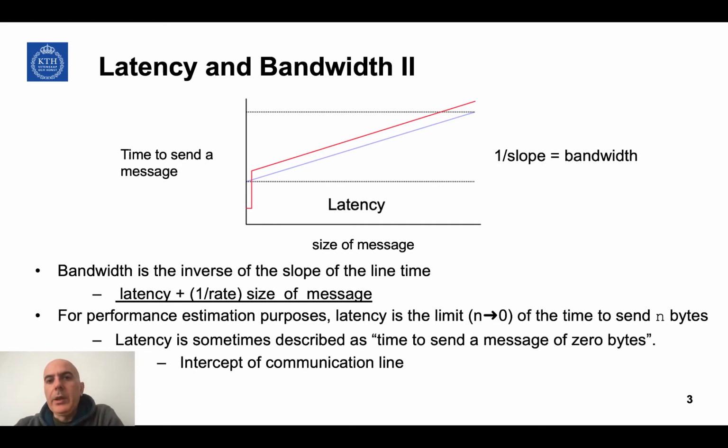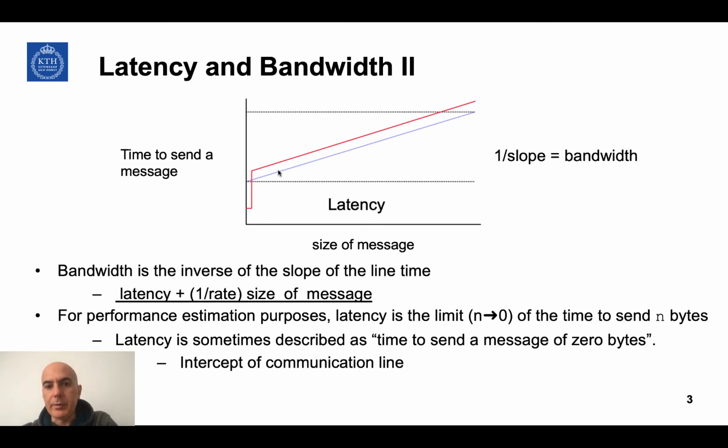In our test to calculate the bandwidth and the latency, what we need to do is to measure the communication time for sending one message. We do many different tests, and we change the size of these messages, and the time for each size of the message is a point on this plot, where on the x-axis we have the size of the message, and on the y-axis we have the time to send a message.